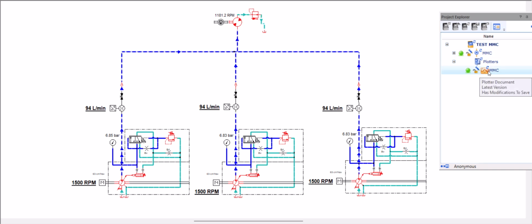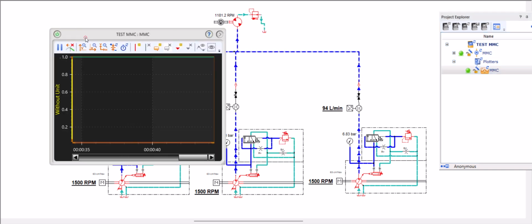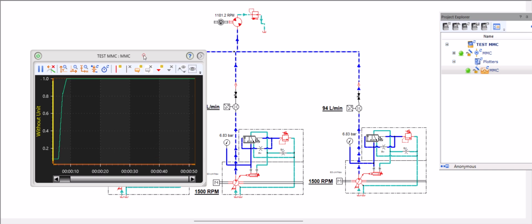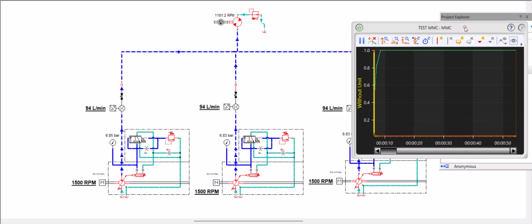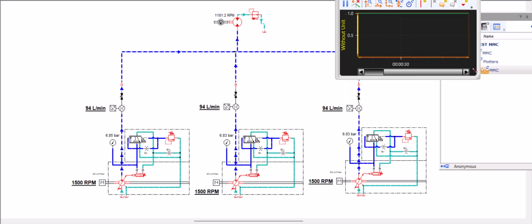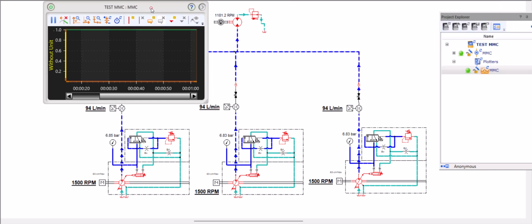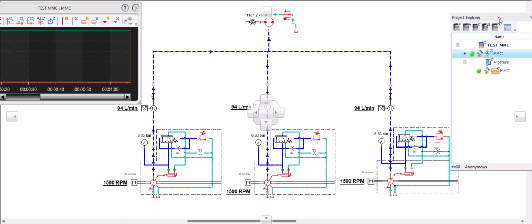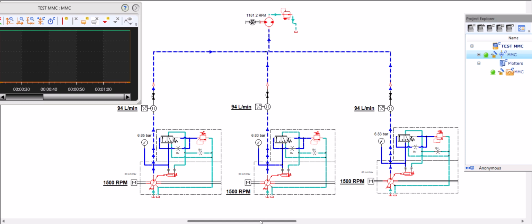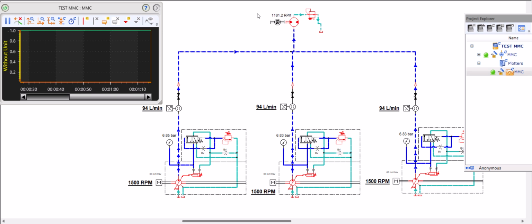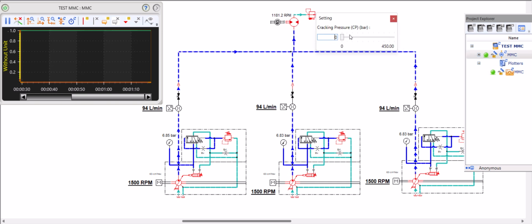We will now plot the SwashPlate angles for the pumps and check how the SwashPlates move when different flow and loads are available. Right now, I am changing the load.